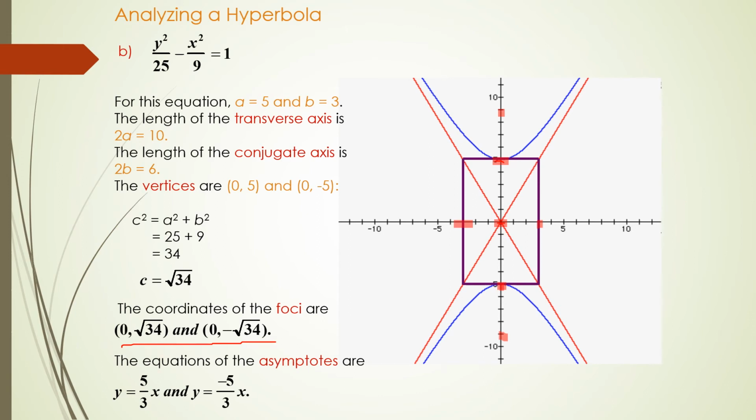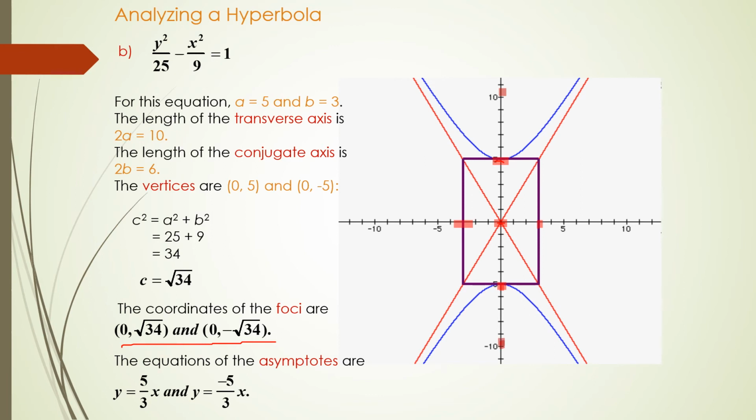So, square root of 34 is 5 point something, 5.83. So, 1, 2, 3, 4, 5.83. Let's be precise. So, it almost reaches 6.